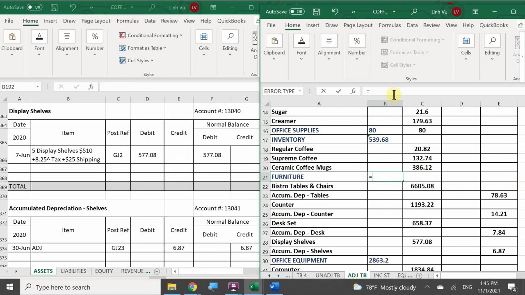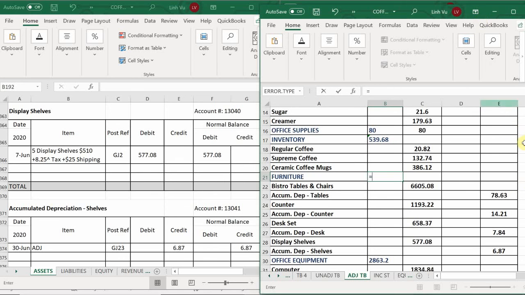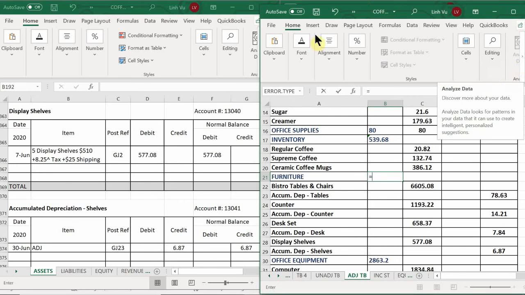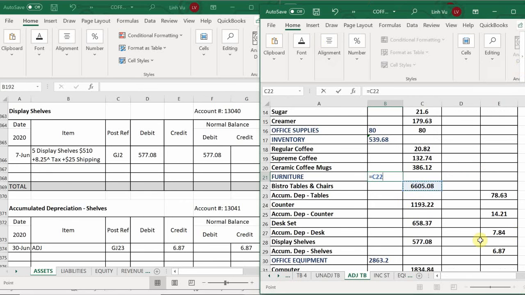So this is what I'm going to do for the total for my furniture. Since I have contra accounts, they're going to decrease the value of my furniture. So if I have tables for 6,000, I'm going to decrease my table by 78.63. But I'm going to make sure I add all of my items in here.